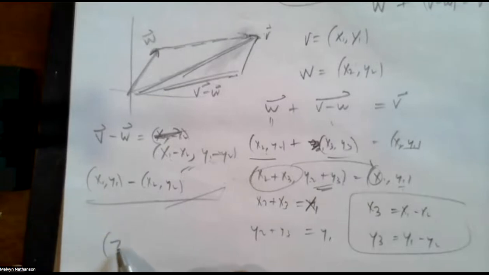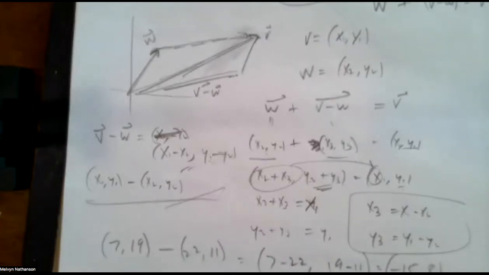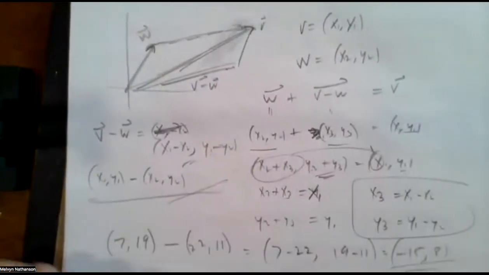So if you had the vector (7, 19), and you want to subtract the vector (22, 11), you subtract the x coordinates, you subtract the y coordinates, you get (-15, 8), right? Because 7 minus 22, I think, is minus 15. And 19 minus 11 is 8. Okay. Any questions about this?